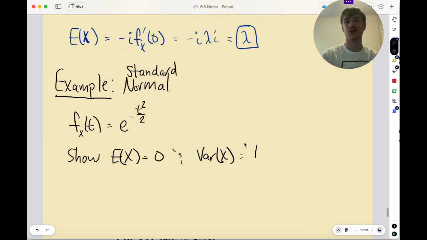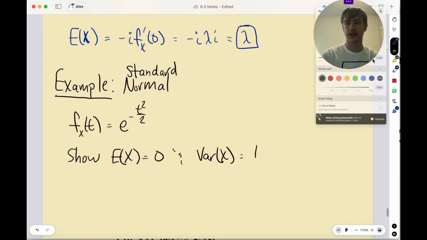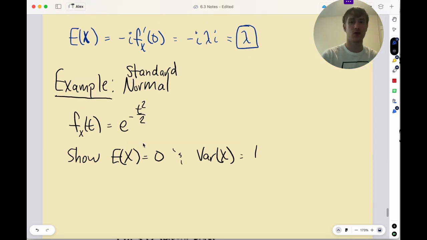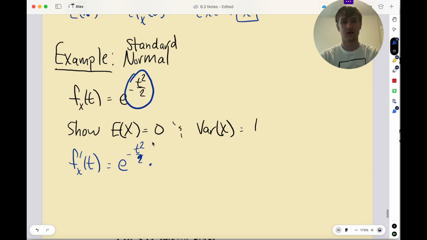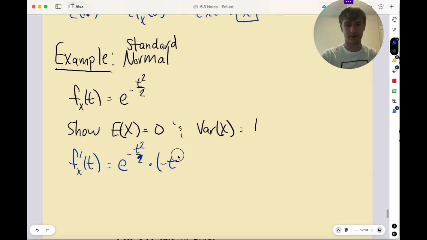So again, we're going to do the same thing. Take a derivative, and plug in 0. f x prime of t is equal to what? Well, it's going to be e to the minus t squared over 2 times the derivative of this, okay, which is minus t.